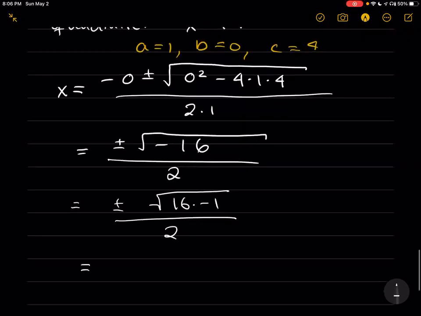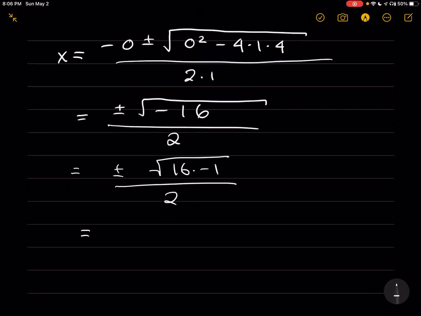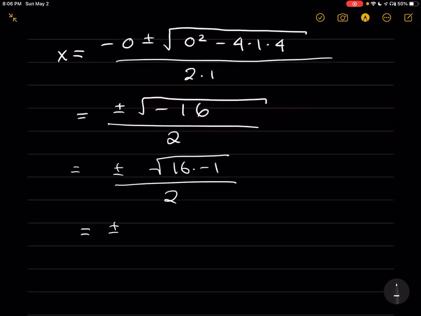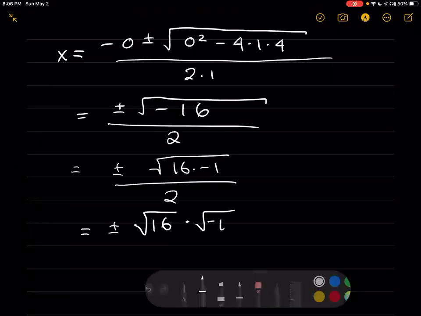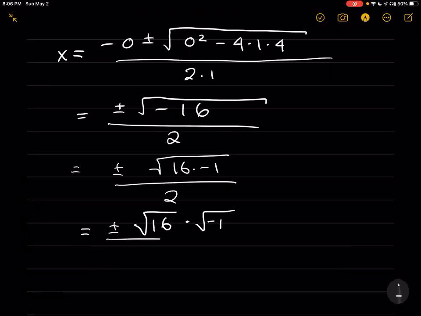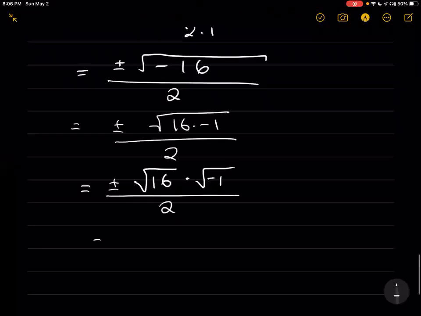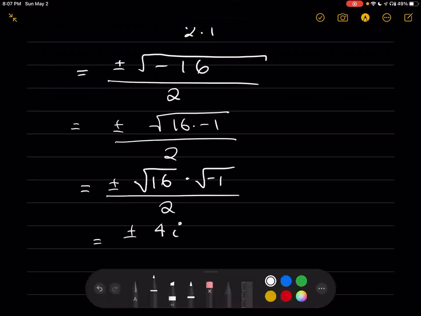And now I'm going to use our exponent and radical rules and break up that square root over the multiplication. I can do that. I can't do it over addition, only over multiplication. So I'm going to write this as the square root of 16 times the square root of negative 1, all over 2, plus or minus. The square root of 16 is 4, and the square root of negative 1, I'm going to write as i, over 2.